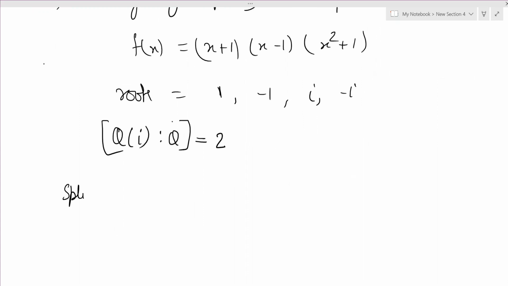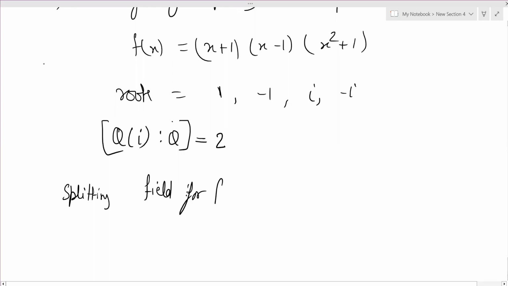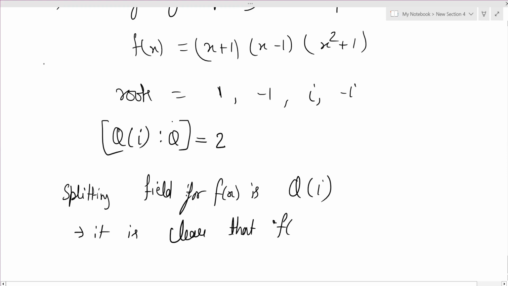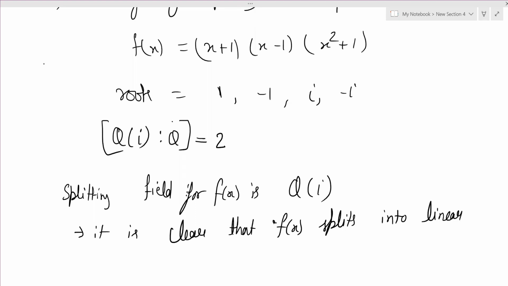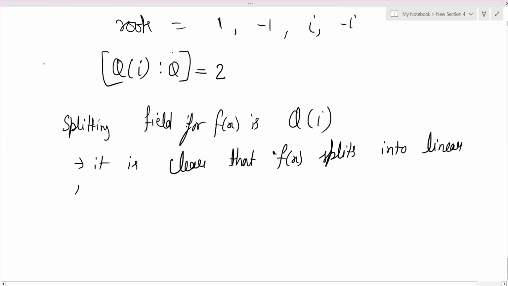Splitting field, let me justify. For f(x), it is Q(iota). It is clear that f(x) splits into linear factors in Q(iota), right?